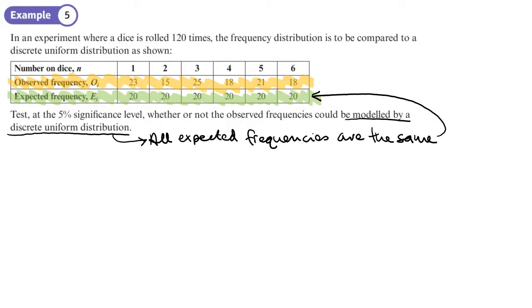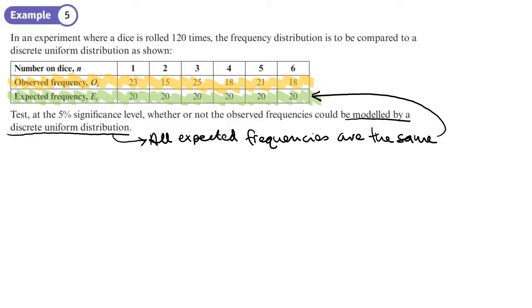So the first thing to do is to see, do we need to combine any cells? The answer is no, because none of the expected frequencies are less than 5. Don't forget that bit. We do not need to combine any cells, so we can leave it as it is and go ahead and calculate x squared.